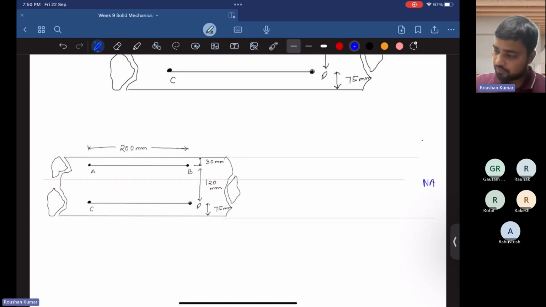So we are assuming that the neutral axis is lying somewhere here and it is at a distance x from the AB line.